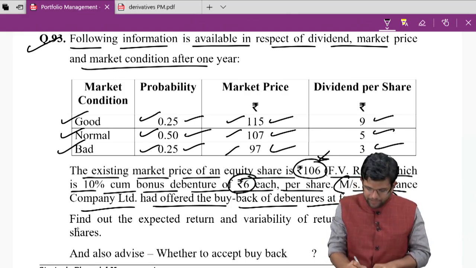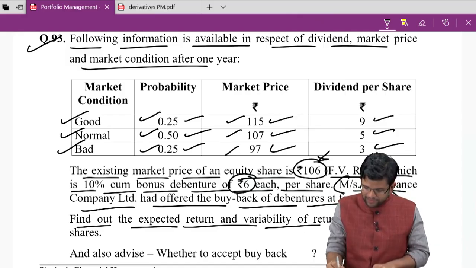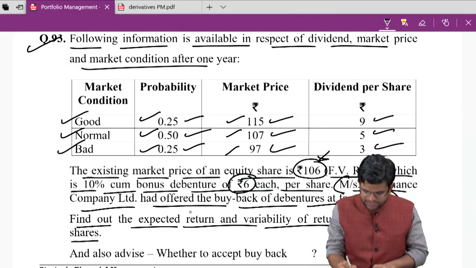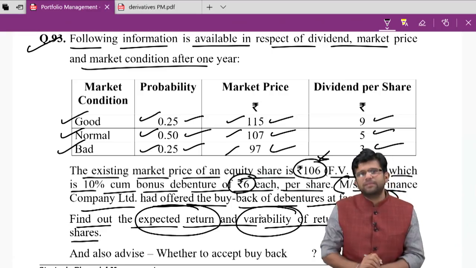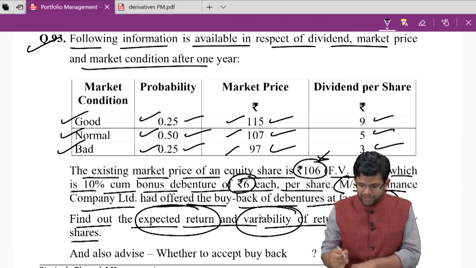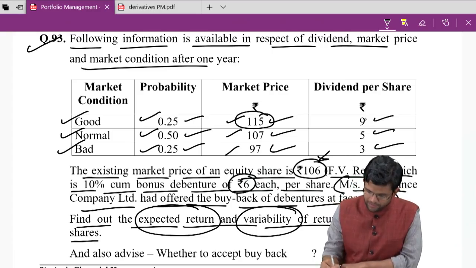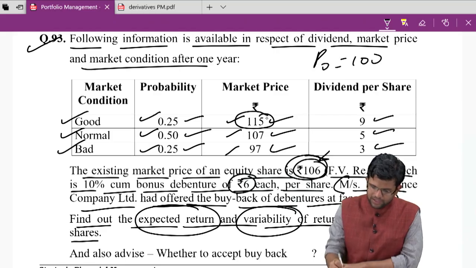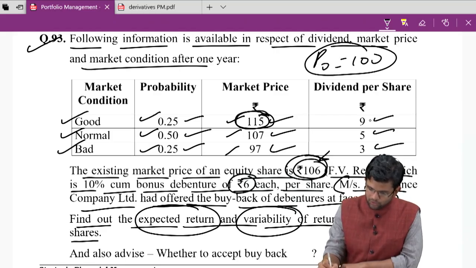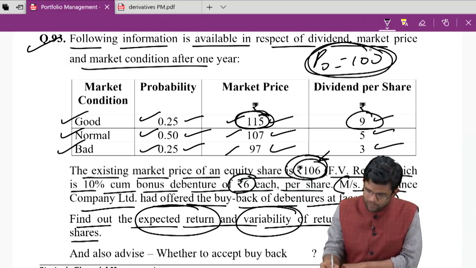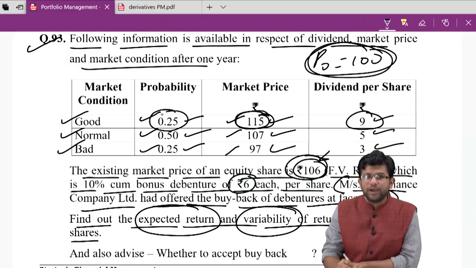Now let's read ahead. Find out the expected return and variability of returns of the equity share. Students, they're asking you basically X bar and sigma X. How simple this is. How many times you have done this? Can I say P1 minus 100, that is P0. I'll write down here P0 is 100, right? So P1 minus P0 plus D1, the whole upon P0 into 100 will give you X. The probability is 0.25.